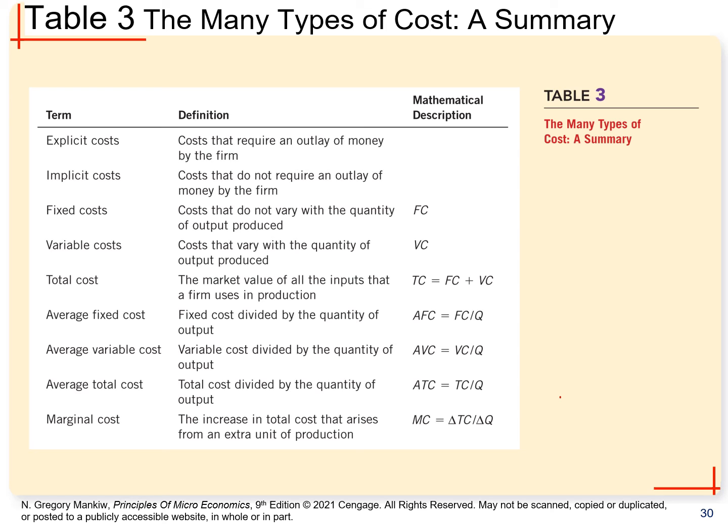It's not that big of a chapter, but it's very crucial for upcoming chapters we're going to talk about. This table gives you all the definitions and abbreviations for fixed cost, explicit cost, implicit cost, variable cost, total cost, and each of those averages: average fixed cost, average variable cost, average total cost.